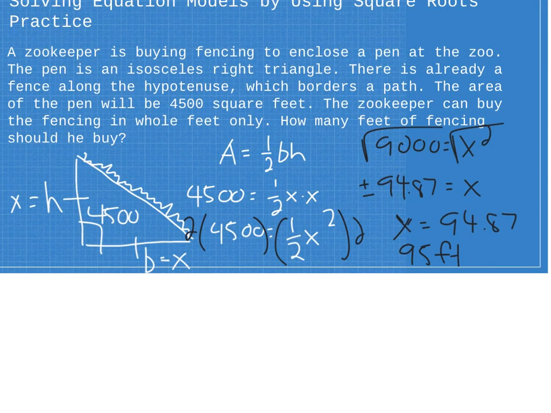And then also remember that x just represents one side length, so he would have to buy 95 feet for each. So he'd do that twice, so when we multiply that, he would have to buy 190 feet of fence.